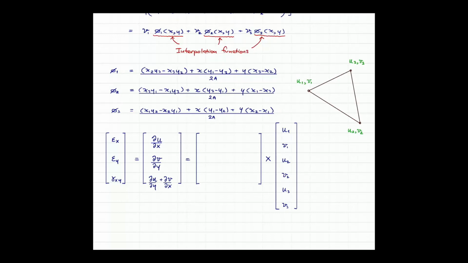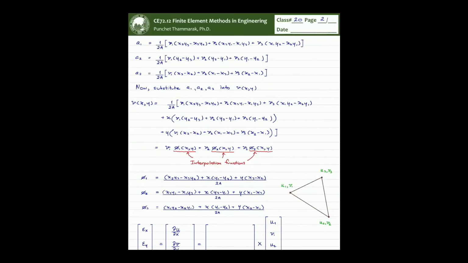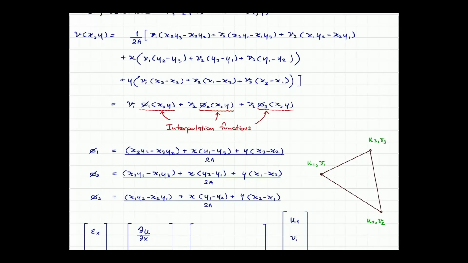So, knowing that, the partial derivative of u with respect to x is going to be the partial derivative of phi1 with respect to x multiplied by u1 plus... Is that x times y2 minus y3, you mean phi1 x times y2 minus y3?